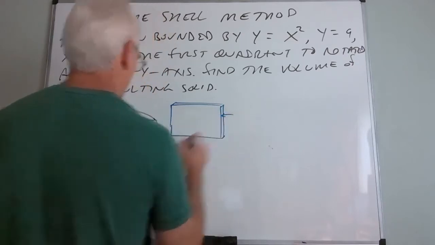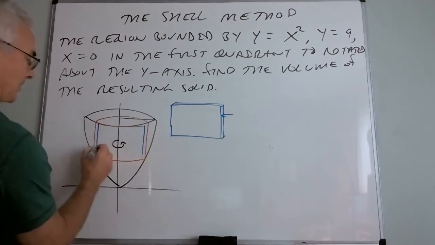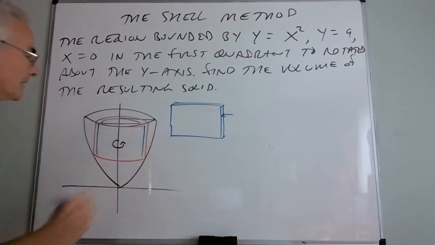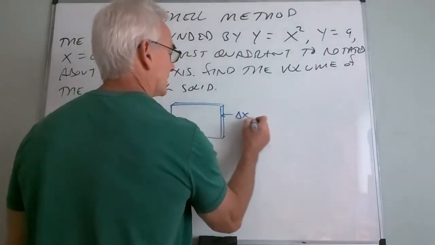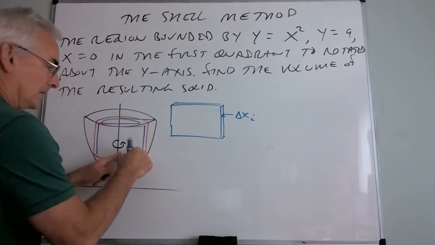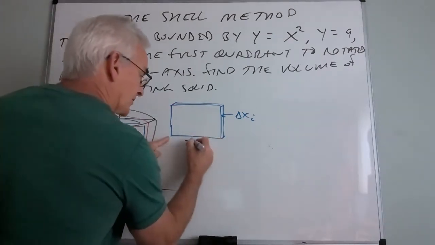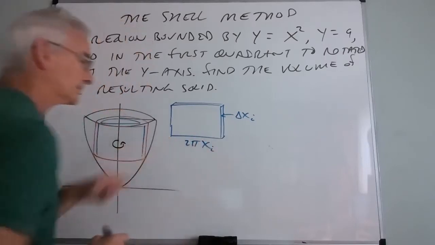My thickness is delta x, so a little roll of toilet paper there. From here to here is x. That's my radius. And remember, we said this was the circumference, so this would be 2 pi xi.